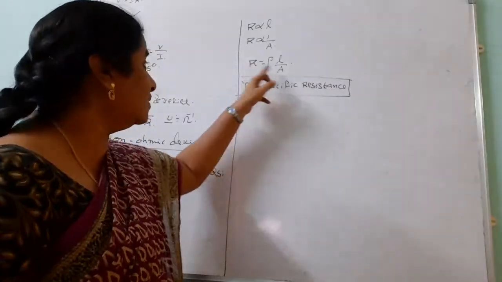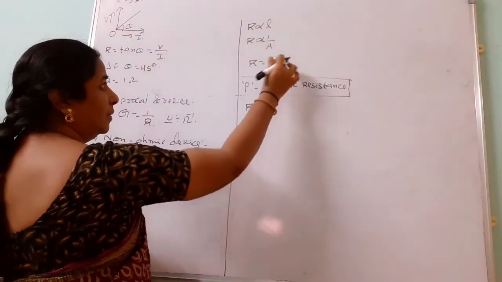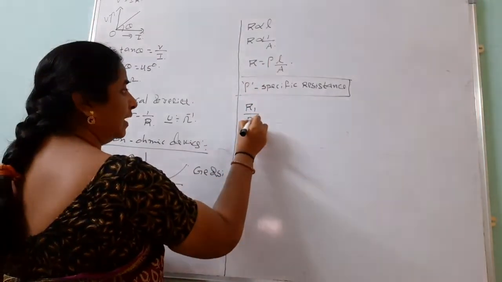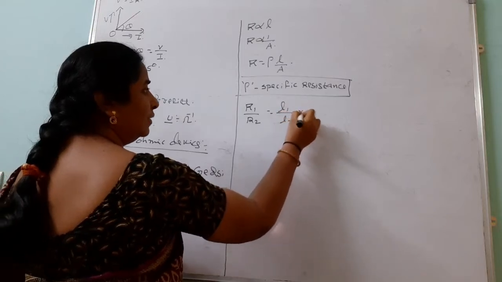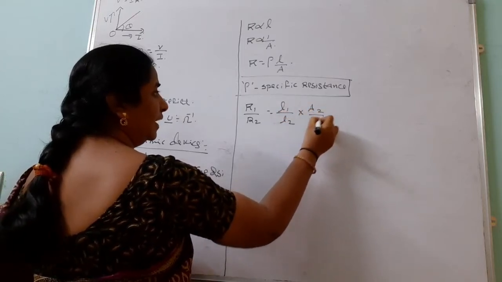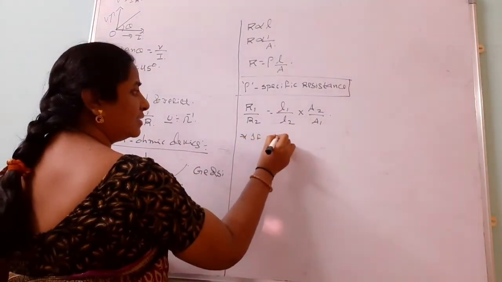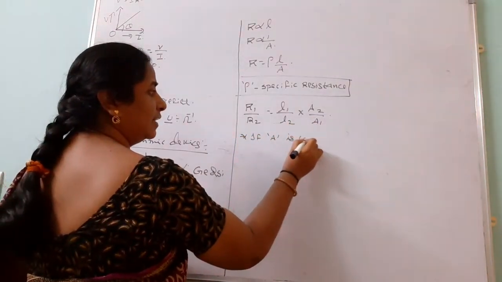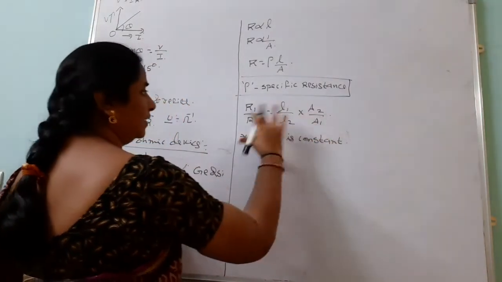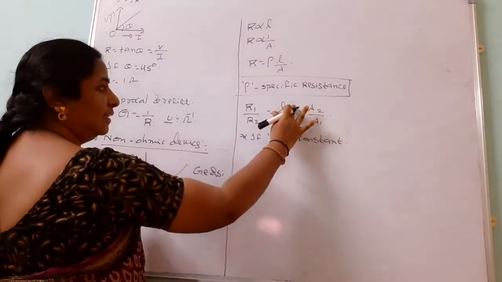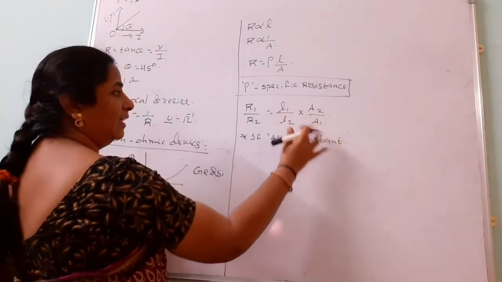So from this, suppose we take one metal but different lengths. R1 by R2 we write as L1 by L2 into A2 by A1. Now we are going to discuss different parameters: how the resistance depends on the length if area is constant, how it depends on area if length is constant.